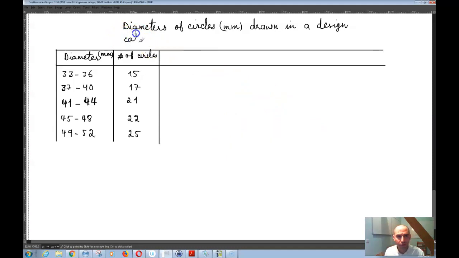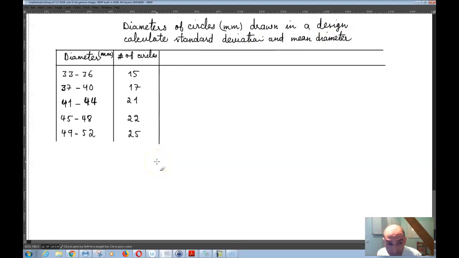You want to calculate the standard deviation and mean diameter in those circles.